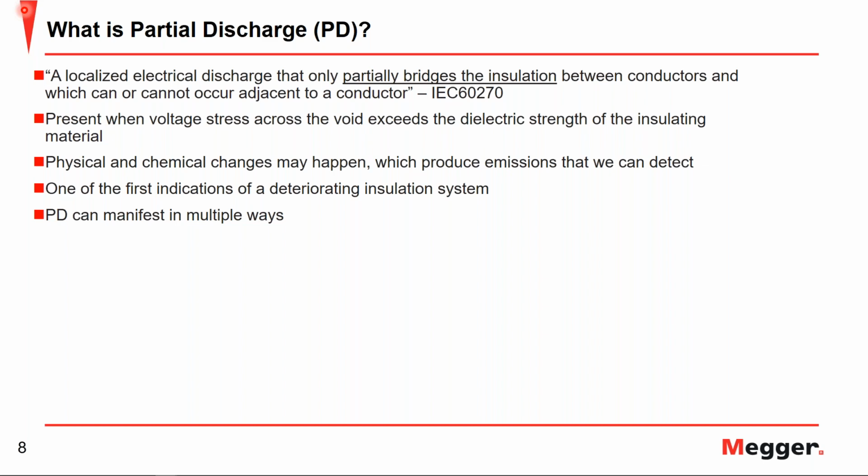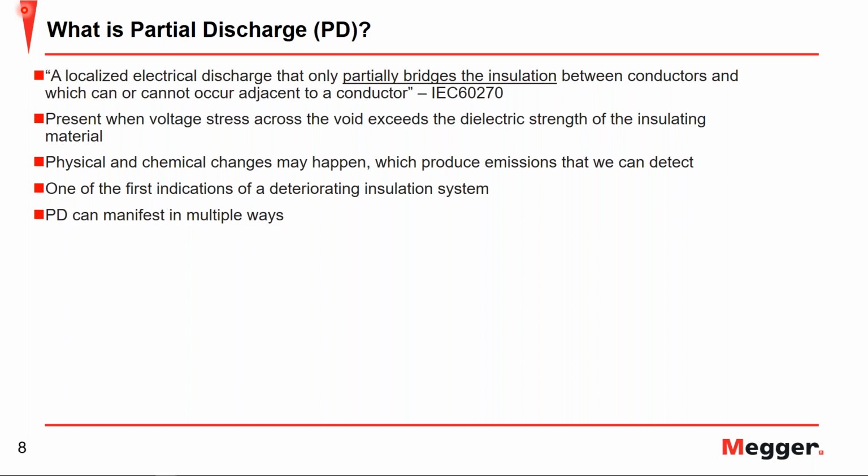You'll hear me mention that a few times in this presentation. The IEC 60270 standard is referred to as really the Bible of partial discharge testing. It's the first document, a horizontal document, from which several other documents stem, but it's really the main partial discharge testing document.